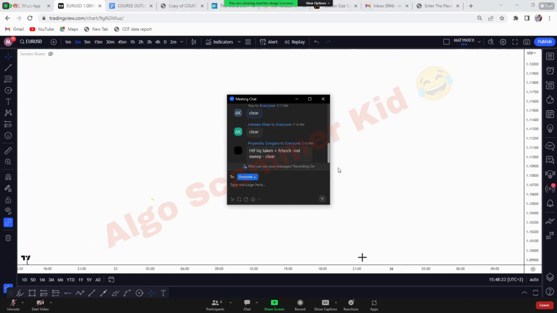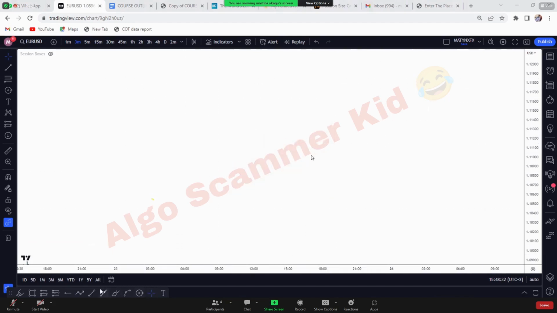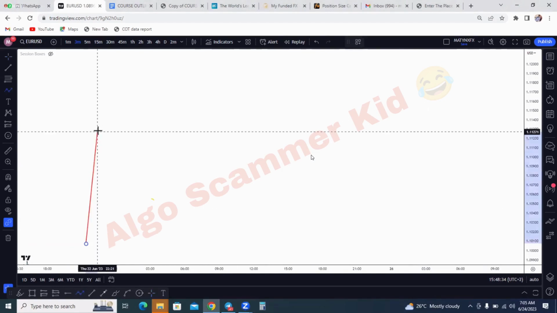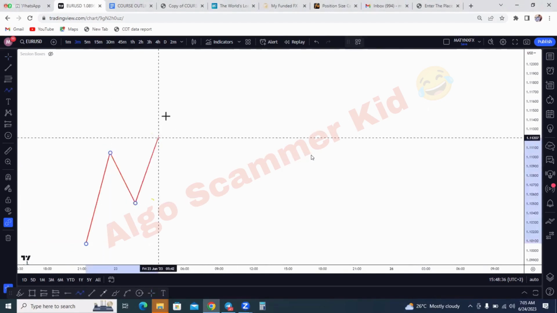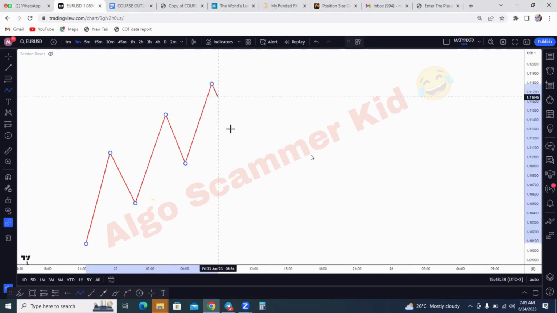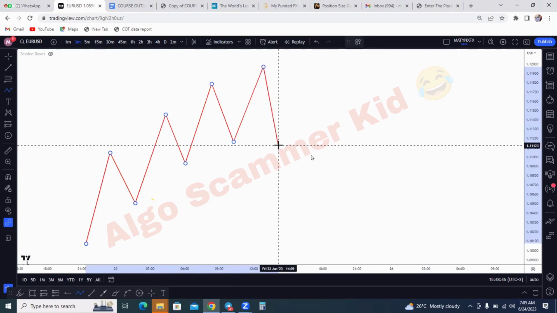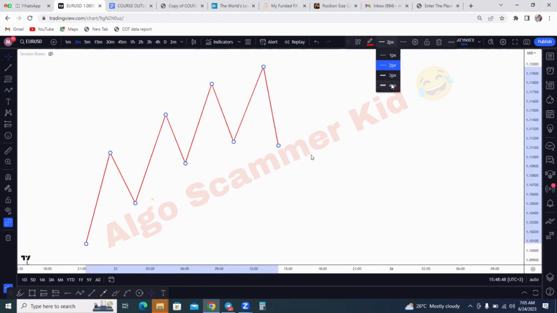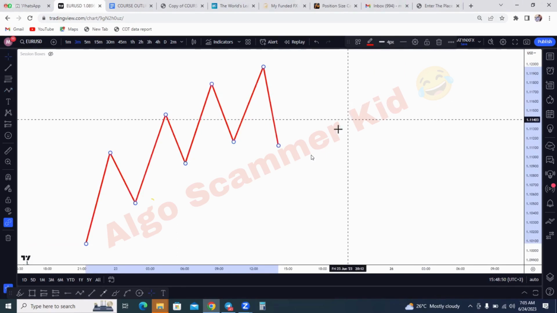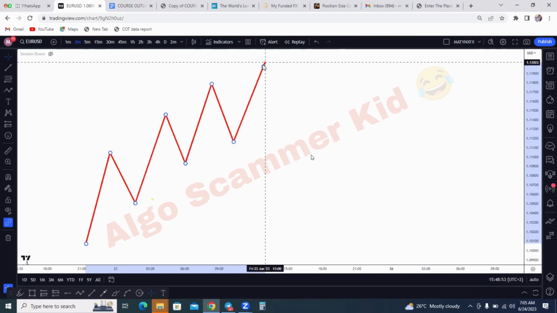Someone says higher time frame liquidity taken plus fake shock, inducement, speeds clear. Okay, good. So the next one we have is price delivery. We just talked about price behavior, how price is behaving before our inducement or after our inducement. Now we have price delivery.